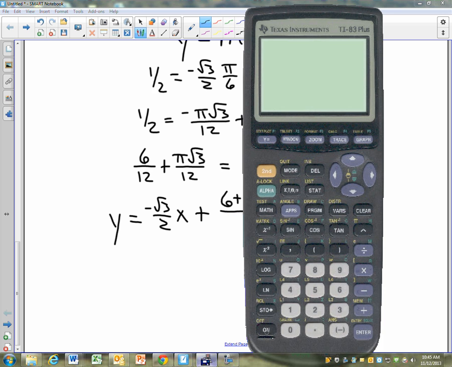And I know what you guys are wanting to do. You're wanting to see what it looks like graphically, just like I am. So I'm going to plug it in. 1 minus sine of x.